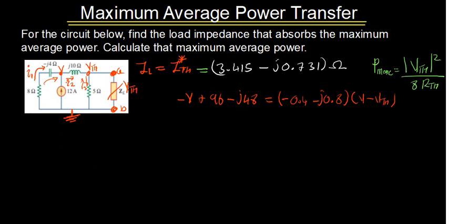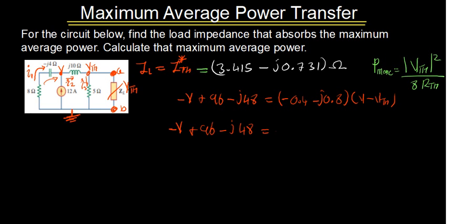So now, maybe I can try to do the expansion in advance. I can say I have minus V plus 96 minus j48 is equal to. I'm going to expand this part in simple terms.